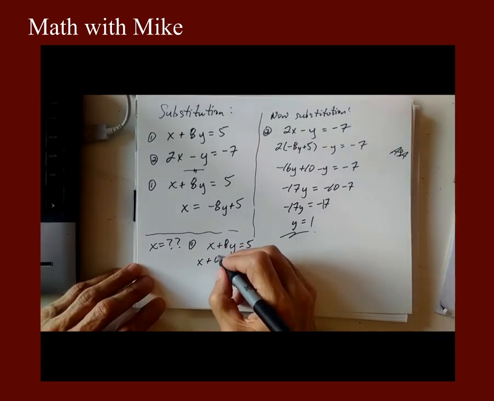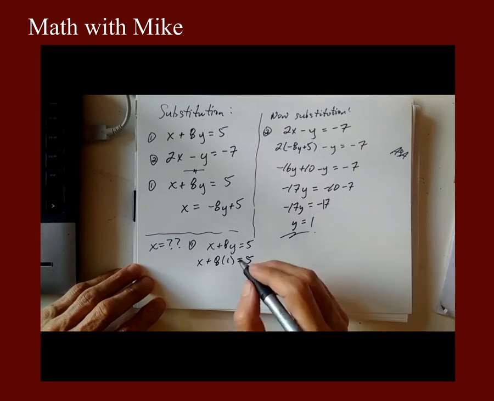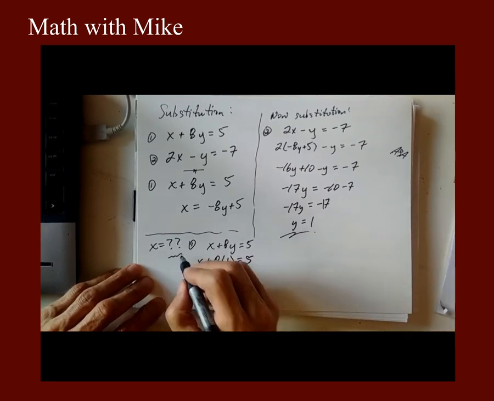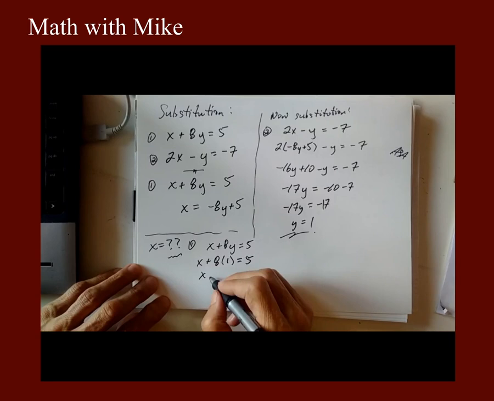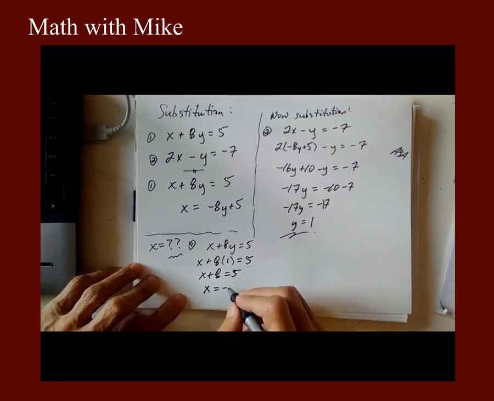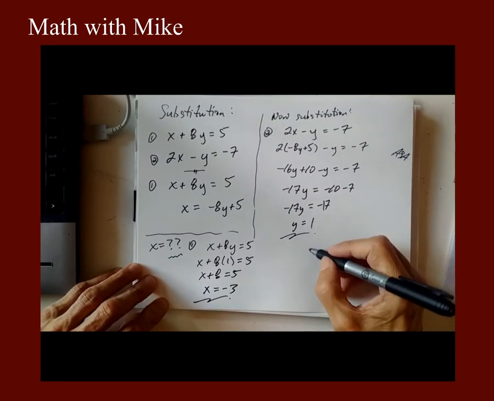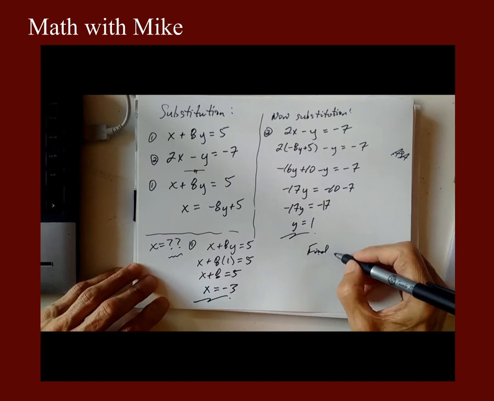All right, so that's equation number 1. We've done some good hard work. We know that y is the same thing as 1. Y is equal to 1. So what's the x? X plus 8 equals 5. X is equal to minus 3. And so the final answer.